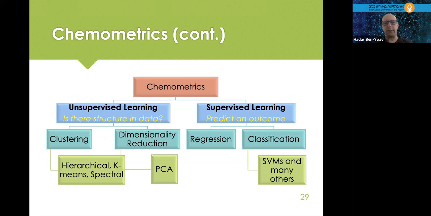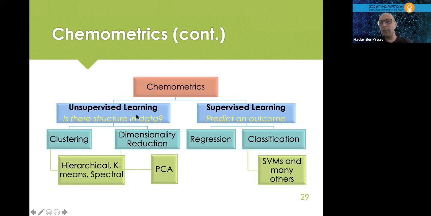Usually we generate a large matrix of data, most of which is redundant, so we can decrease the dimensionality of the data. Here I put some examples, and the most common one is PCA, principal component analysis, and I will give an example of how to use it.